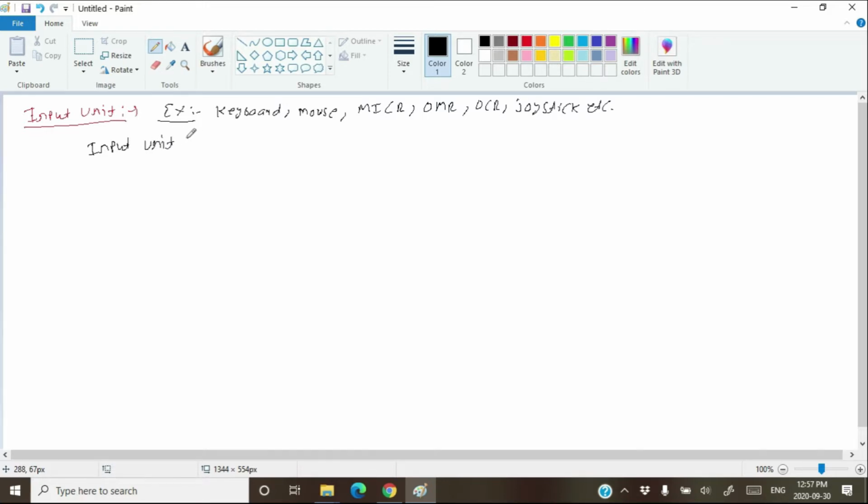So this is the input unit, which is responsible for taking the input and converting it into the binary form, that means computer understandable form.